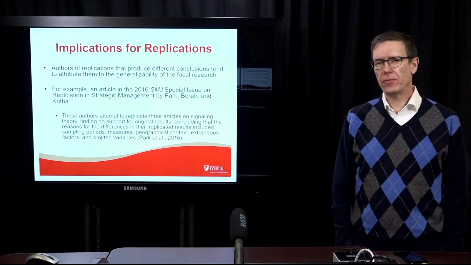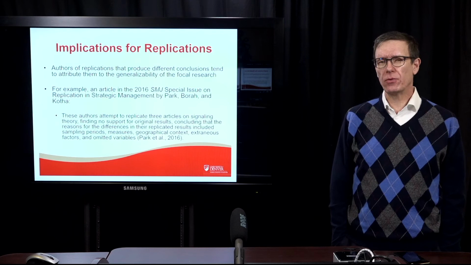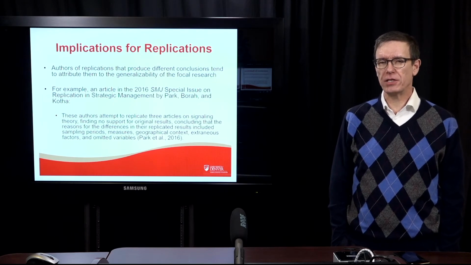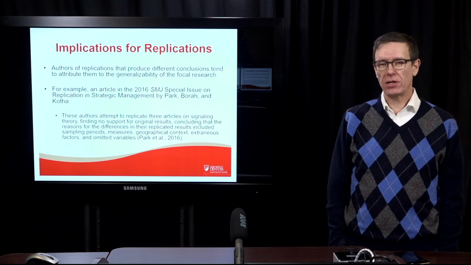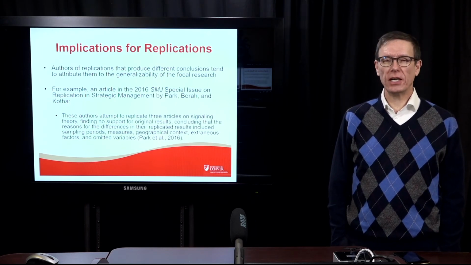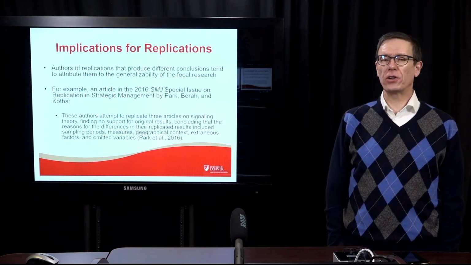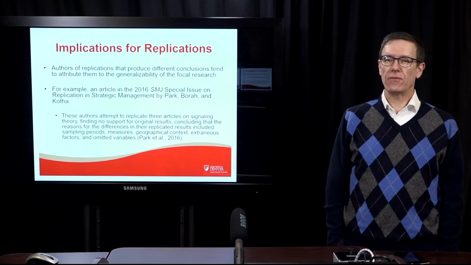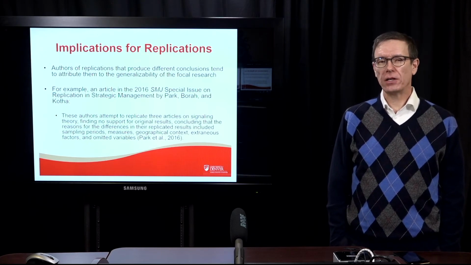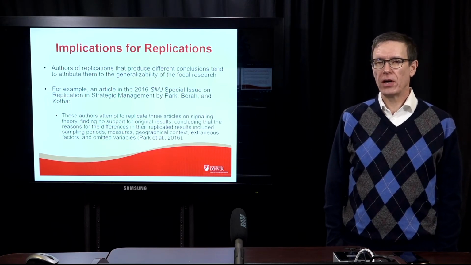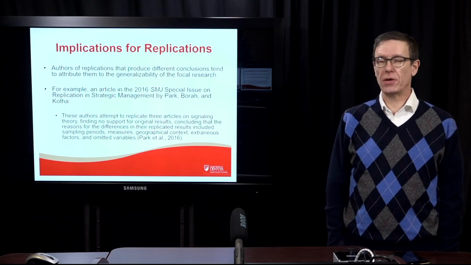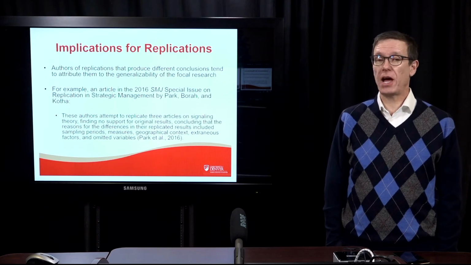Moving on, we believe these reproduction tests have implications for replications. And let me explain to you why we think this matters. First of all, if you're conducting a replication, you get different conclusions than the focal article. You might conclude that the differences in your findings from the focal article are due to the differences in the two articles. That seems natural to do.